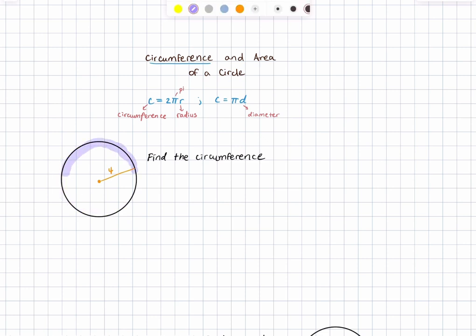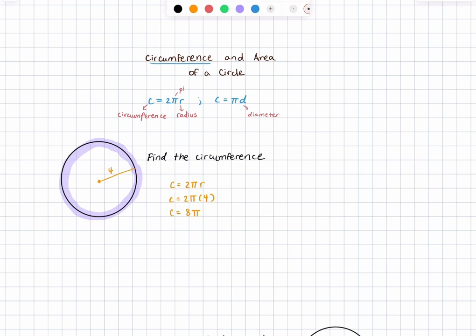How long is it? We can use the formula for circumference, which is 2 pi r, since we're given the radius. So C equals 2 pi times 4, and then we can combine the 2 and 4. C equals 8 pi.